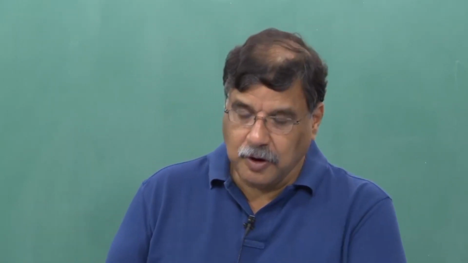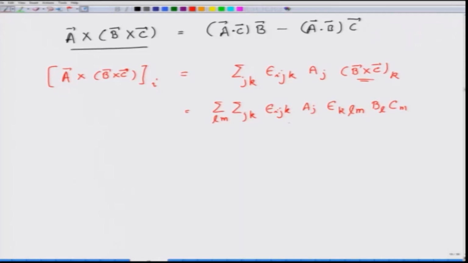Now, I am going to use some properties of epsilon products. So, let us first express this again. The ith component of A cross B cross C, that is the x, y or z component, is equal to the summation over j, k, l, m of epsilon_ijk epsilon_klm A_j B_l C_m.